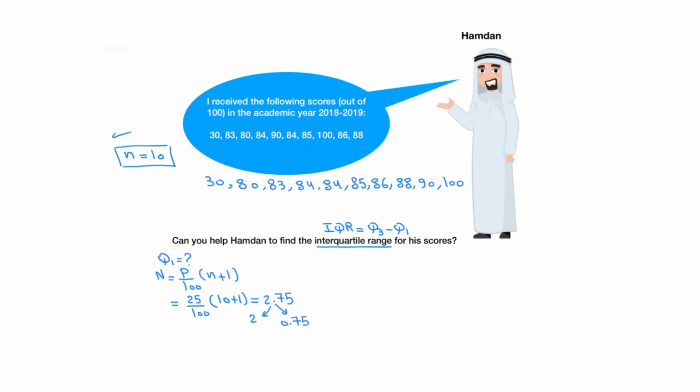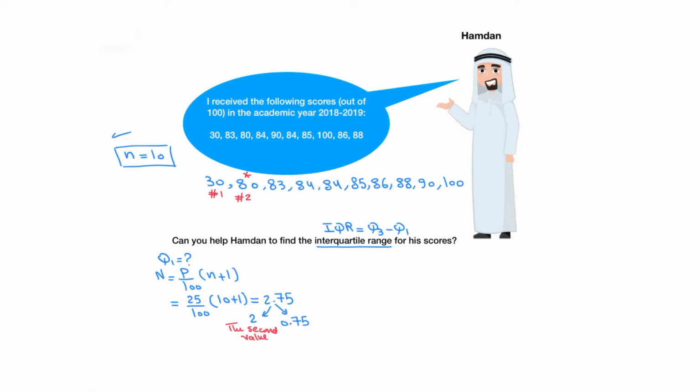Now 2 here means the second value. So let's go back to the ordered data set to find the second value. This is the first and this is the second. So we apply the following calculation in order to find the first quartile.